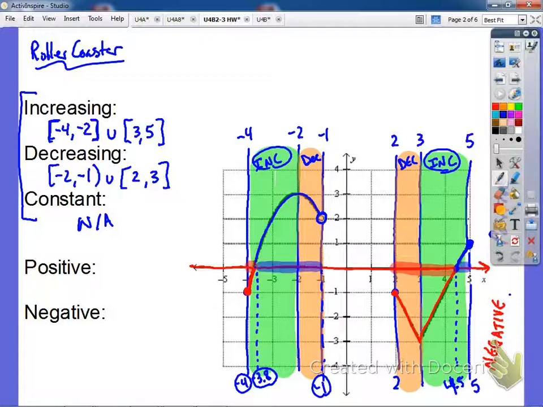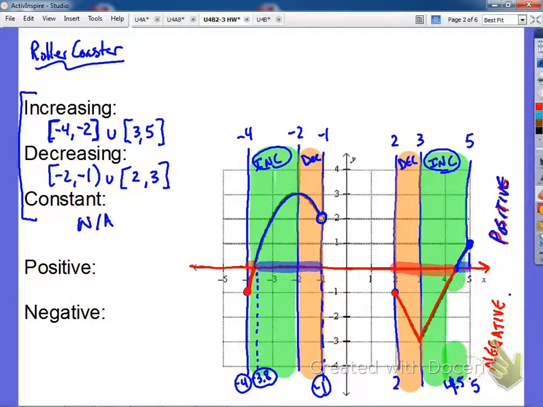So I think as you're doing these problems in the future, it may be helpful to highlight the positive, the increasing and decreasing up here, and label it increasing, decreasing, and then do your positive and negative stuff down here.